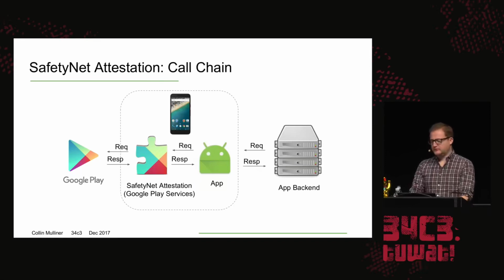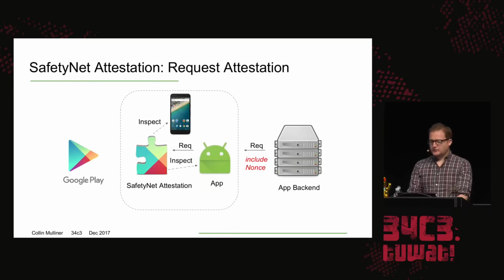So basically what happens is, your app talks to your backend, maybe to log in or do some very specific operation, and then your backend will say, hey, dear application, I request you to attest yourself. So the backend will send a request to its app.